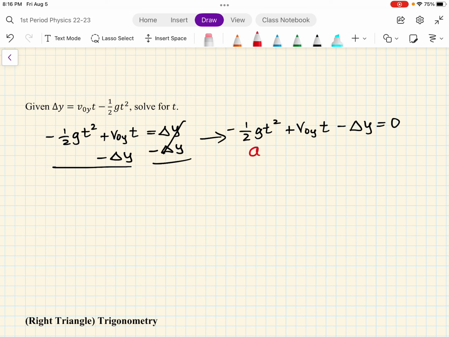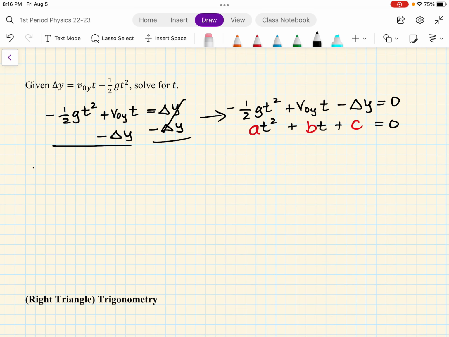So I have my a, my b, and my c. Now we're not using x, so it'll be at squared plus bt plus c is equal to 0. Therefore, our a, now be careful, a is not just 1/2, but negative 1/2 g.